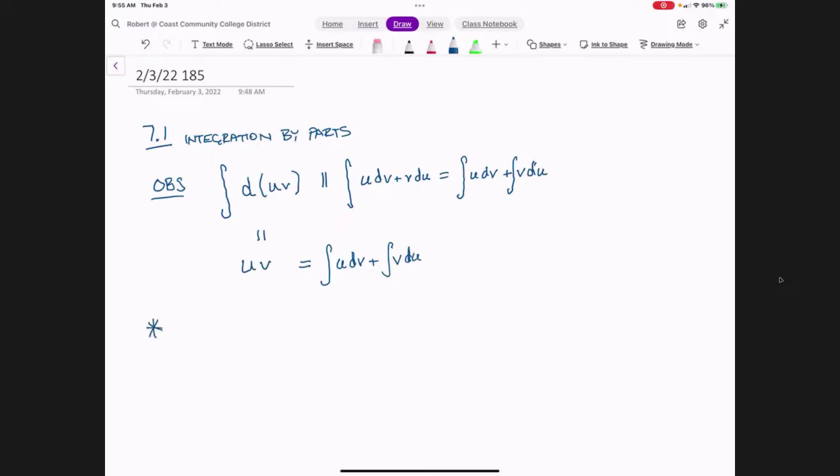So if we solve for the integral of u dv, we get uv minus the integral of v du.